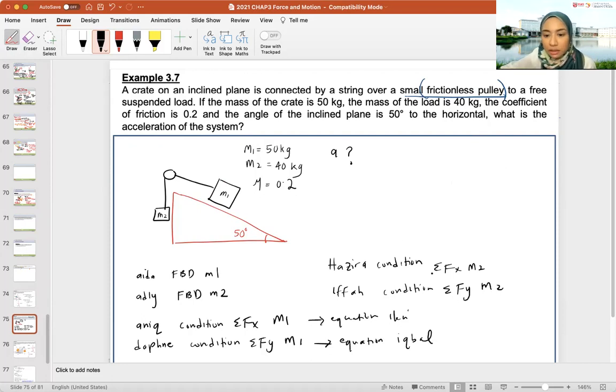Okay, untuk Hazira, untuk condition net in the FX for M2, equation kita nak siapa buat? And then equation Najla. Okay, so macam separuh kelas je? Okay, tak separuh kelas, 1/4 maybe.